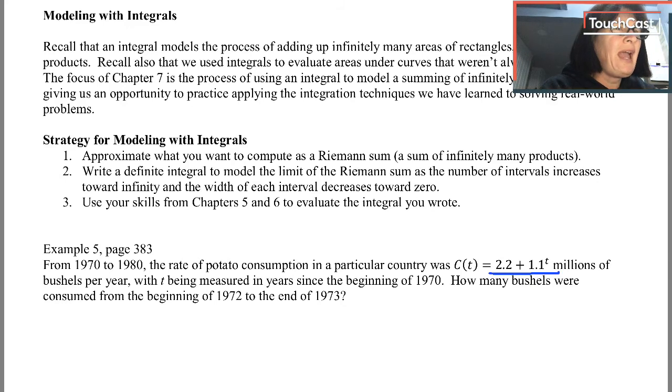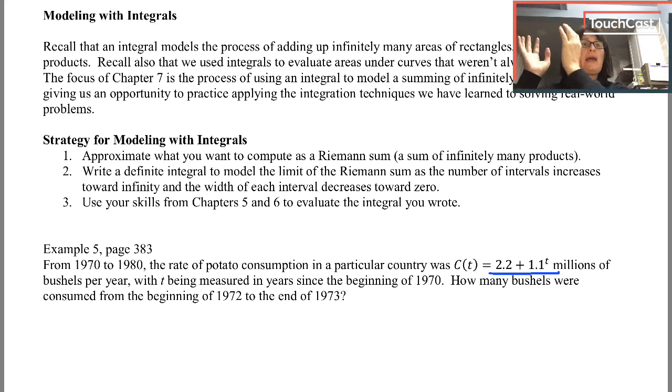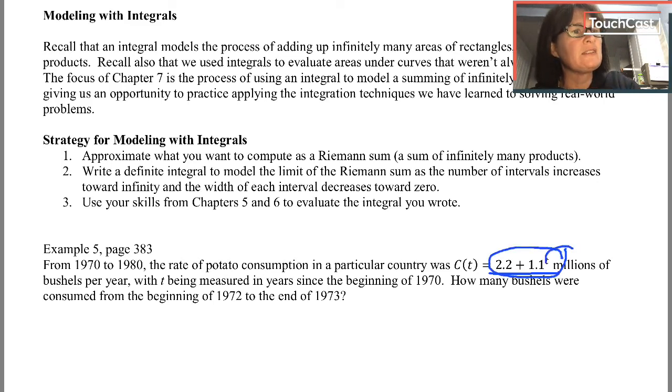So that doesn't tell me how many potatoes got eaten, but if I could multiply this number, millions of bushels of potatoes per year, times a time interval, then I would get the number of potatoes eaten on that time interval. I can't just multiply the rate times the time because the rate keeps changing. Notice this is a function of t. It has a t up here in the variable. That means I can't treat it like a constant.